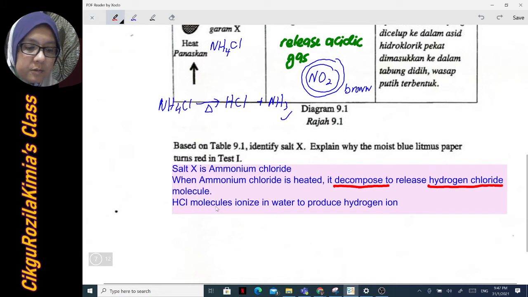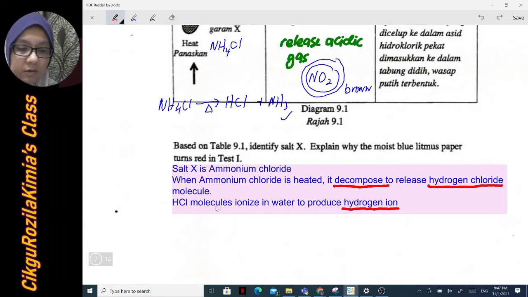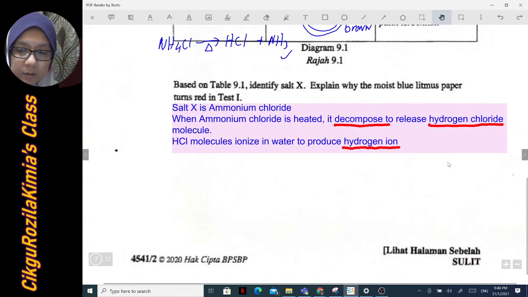So, hydrogen chloride molecule ionized in water sebab tadi dalam test 1 dia kata dia letak moist blue litmus paper and produce hydrogen ion. Okay, so hydrogen chloride gas tadi can show its acidic properties sebab dia produce hydrogen ion. Okay, next question.